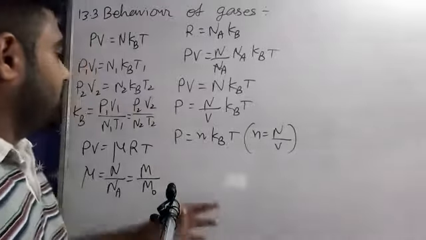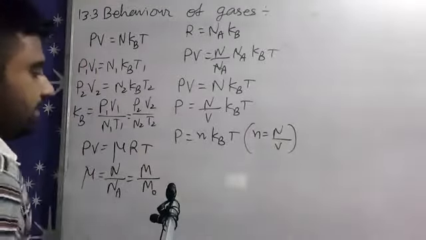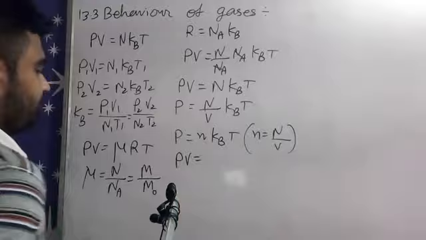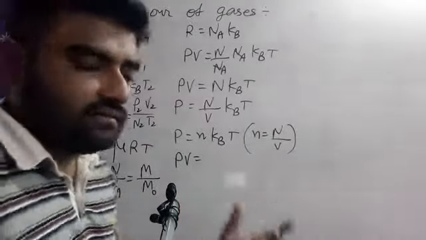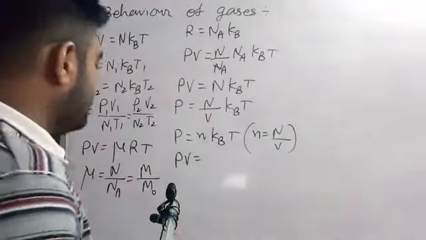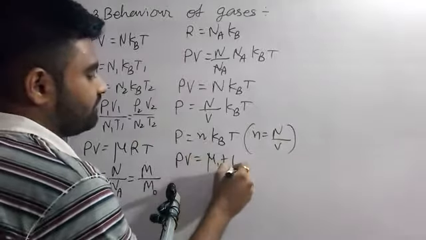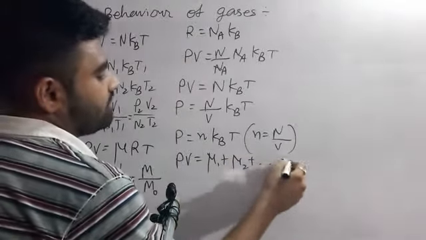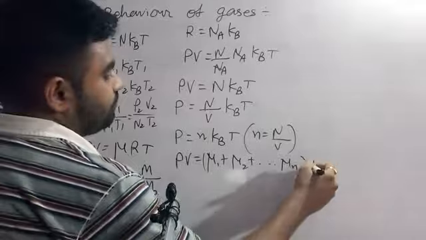Okay. Now, if we have different gases, meaning different numbers of moles, then PV is equal to mu1 plus mu2 up to mu n, if we have n number of gases, into RT.